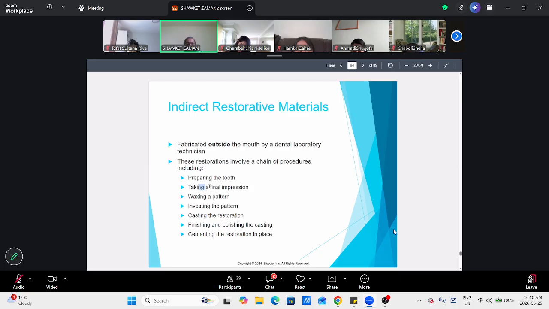After taking the final impression, we send it to the laboratory. In the laboratory, they make the model. On top of the model, they make the waxing pattern. That means they make the restoration in the form of wax. Then they invest it in the investment material, and then they go for casting.